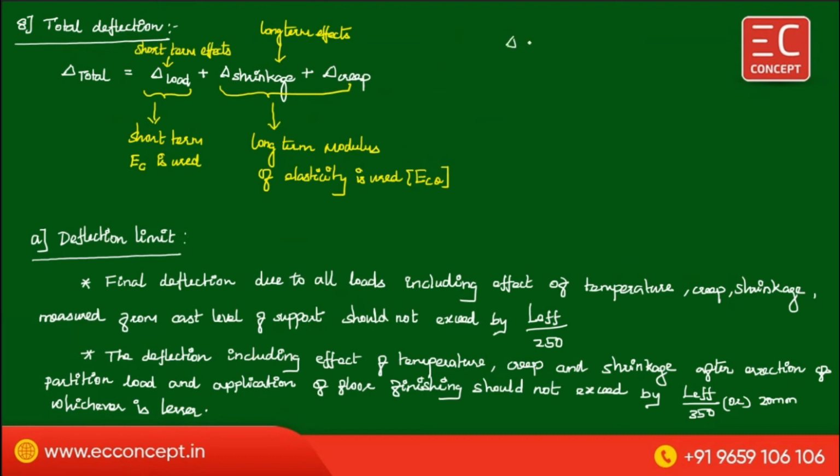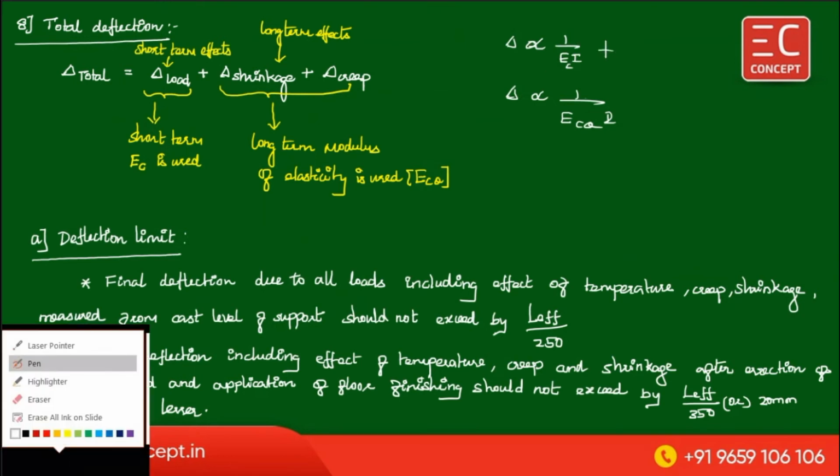Generally, we know that deflection is directly proportional to 1 by EI. If you calculate the load effect, use Young's modulus of concrete Ec. If you are considering shrinkage and creep, then you have to consider Ec theta into I. Then if you sum these, you will get the total deflection.